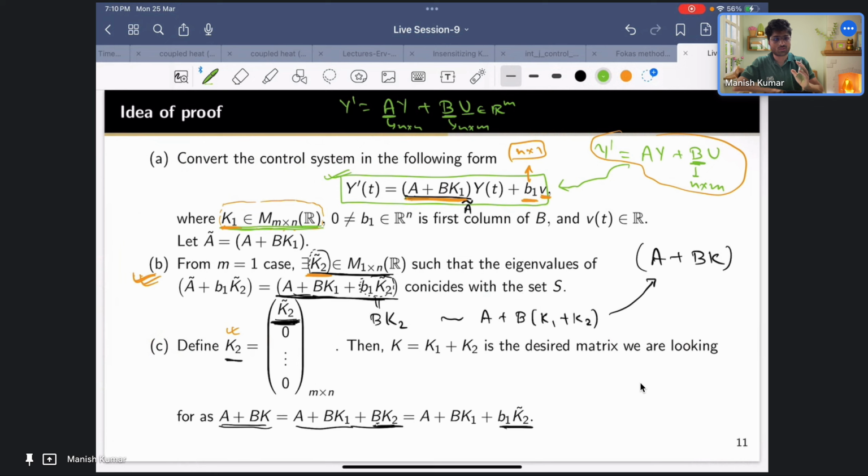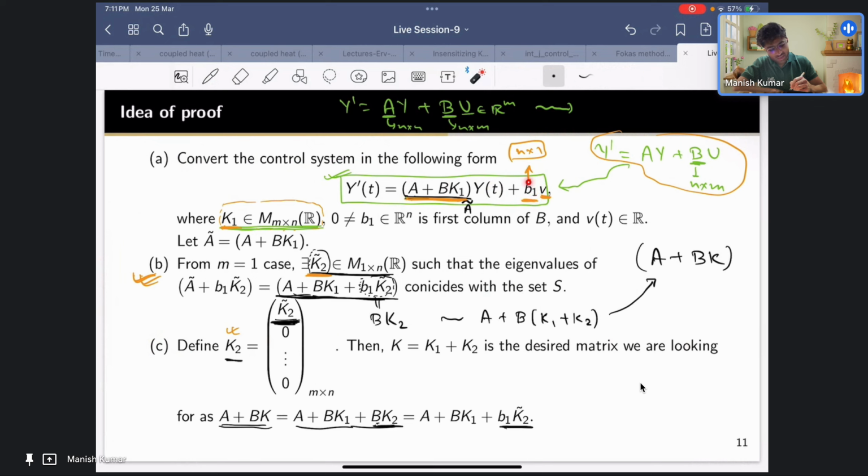So basically from here we are writing this system. Notice these 2 points. Over here you can see that this is playing the role of A, I mean A plus bk1. This part is telling you that now this is the control v, and this is the state. So in this case your b1 over here is a vector in R^n.